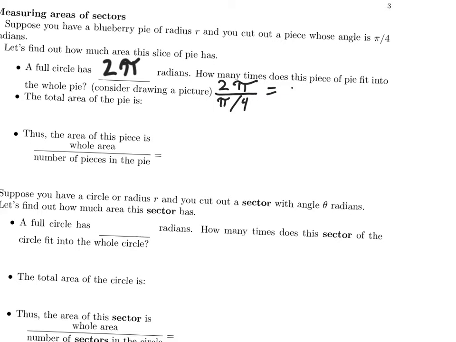I see a fraction in the denominator, so that means I need to multiply by the reciprocal. 2 pi times 4 over pi. The pi's will cancel. And it looks like you just wind up with 8.